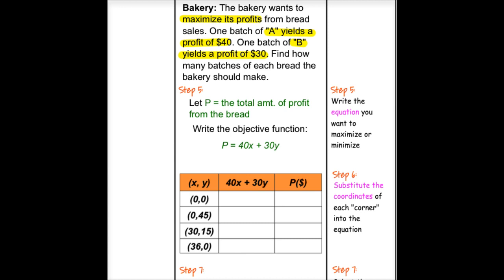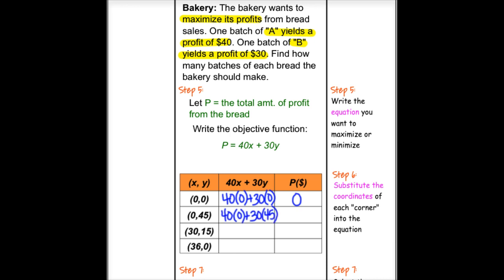Step 6 then, we're going to plug in our corners into that equation. So here we've got 40x plus 30y, so if we take 40 times 0 plus 30 times 0, clearly that's going to make us a profit of 0, because if we don't make any batches of either, we can't make any money because we have nothing to sell. 0, 45, that would be 40 times 0 plus 30 times 45.